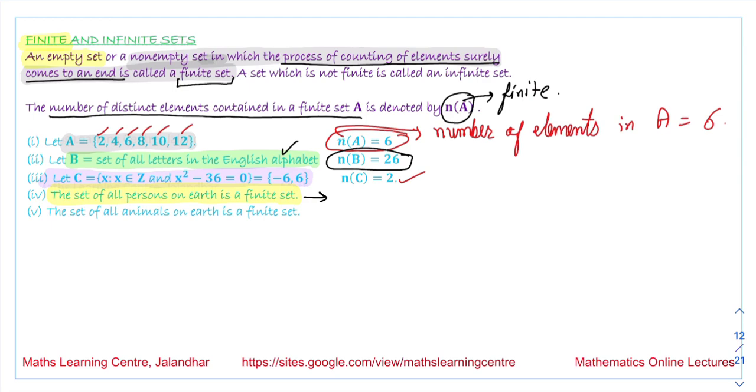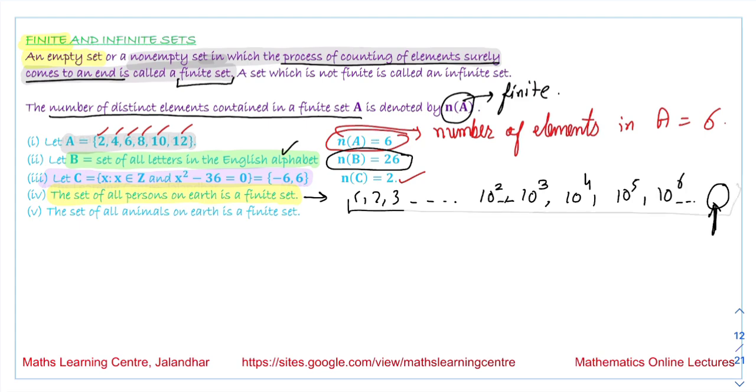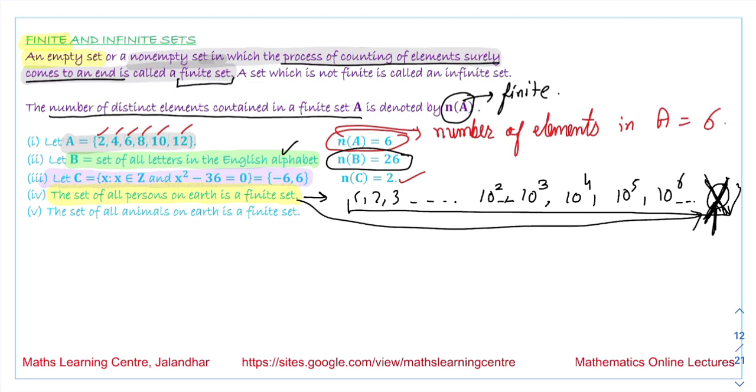If we start counting the persons, it is 1, 2, 3, it may be 10 raised to the power 2, then 10 raised to the power 3, 4, 5, 6. But somewhere we will find a last number when we are counting all the persons, howsoever large it is, and we are saying that this collection is a finite set.